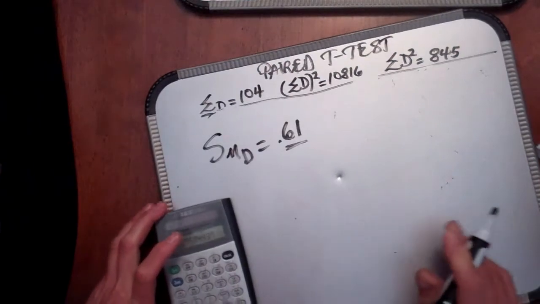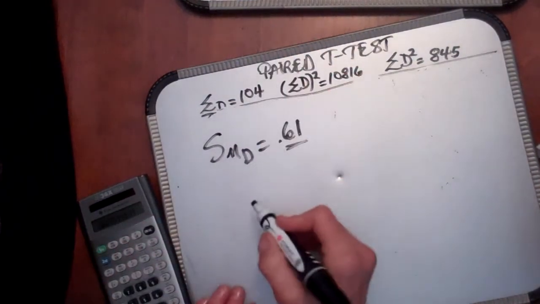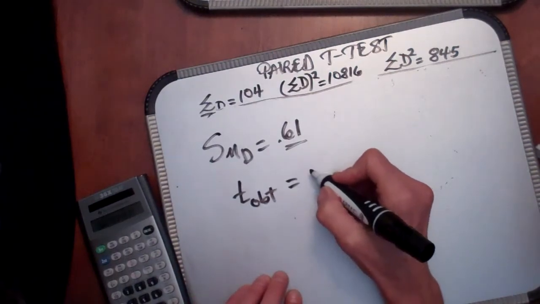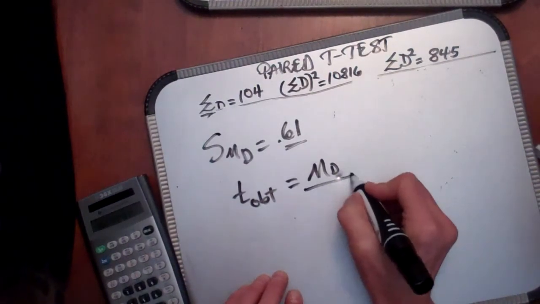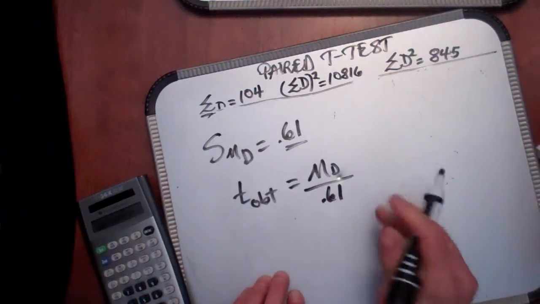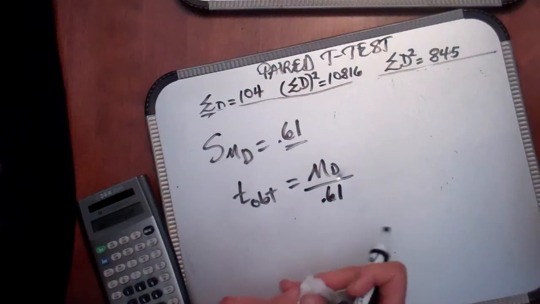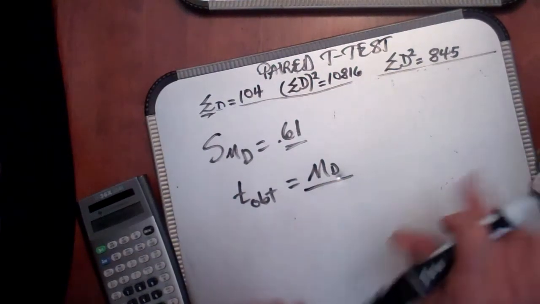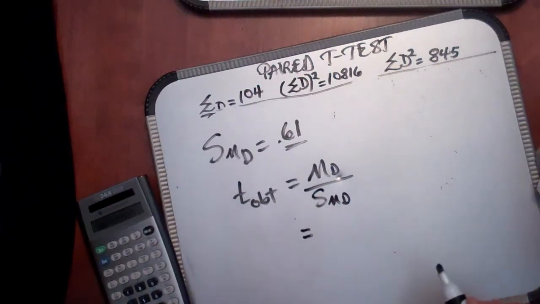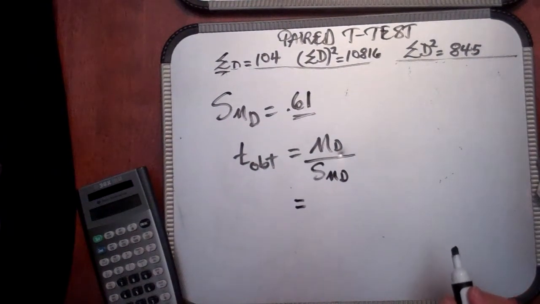Okay. And now we can easily calculate the obtained t. And here we're going to do the mean difference divided by 0.61, right? Standard error of the mean. And let's just write out that again so there's no confusion. Equals. Now, what was our mean difference for this sample?